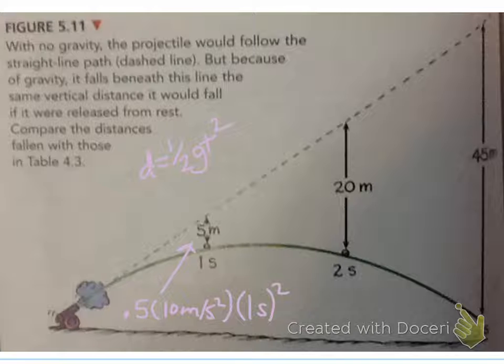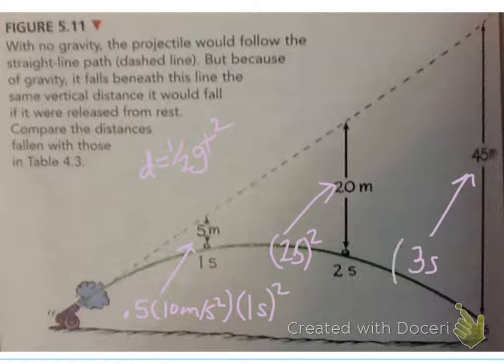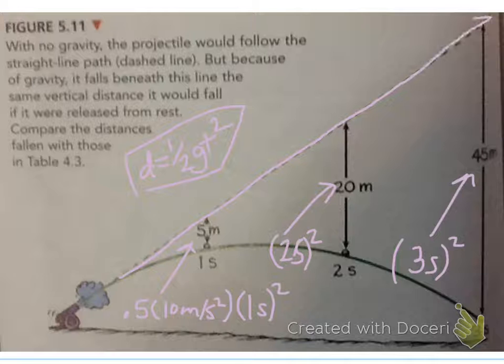This distance here comes from the same thing, but we're plugging in 2 seconds squared. Same thing, but this is 3 seconds squared. Remember, this was our equation we used to figure out free fall and how far an object has fallen. Notice now we're using that same equation with this law of inertia line and how far we fall below that line.